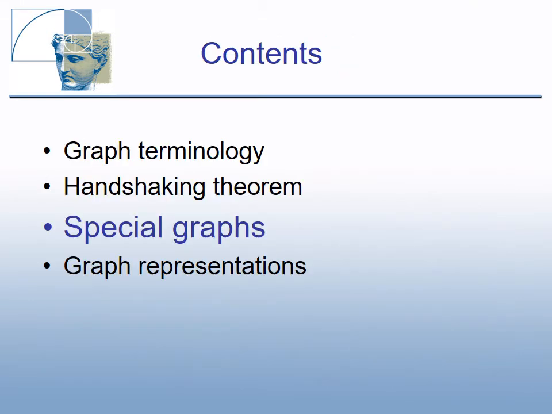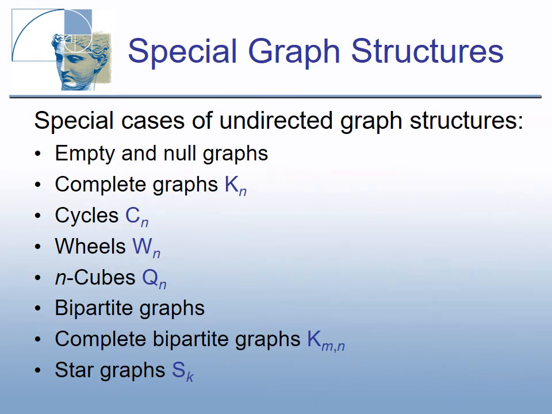Now we are going to consider several special graphs. Their names and special symbols are listed here. Empty and null graphs, complete graphs K sub n, cycles C sub n, wheels W sub n, and cubes Q sub n, bipartite graphs, complete bipartite graphs K sub m,n, star graphs S sub k.